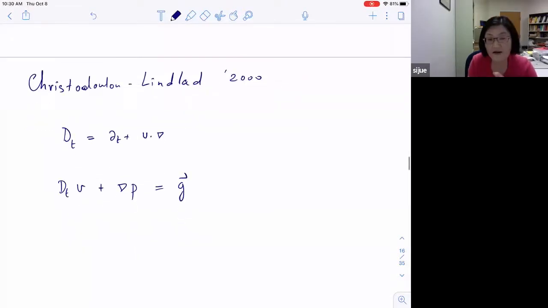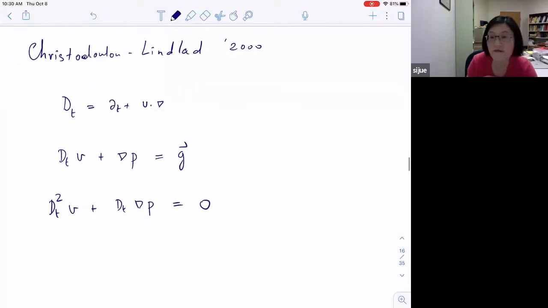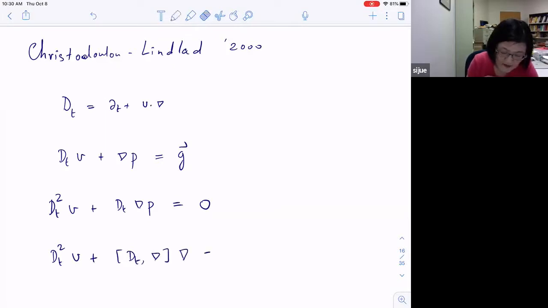What we have actually done is really just take one material derivative of the Euler equation. So I'm writing D_t ∇p equal to 0, because gravity is 0. And if you look carefully, we can just write this as a commutator.